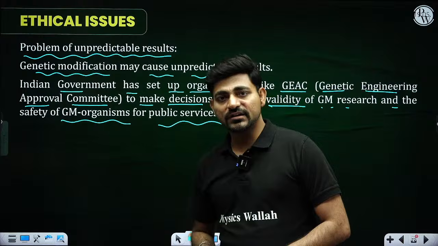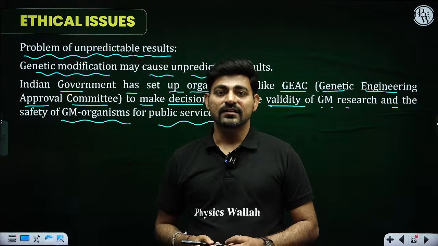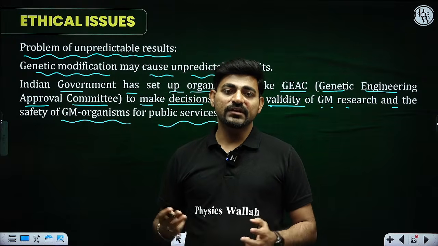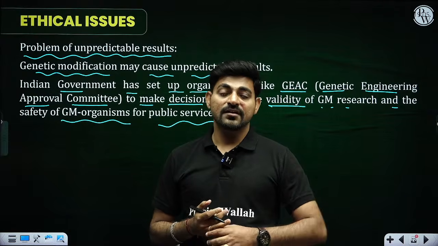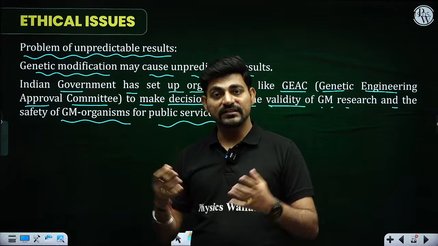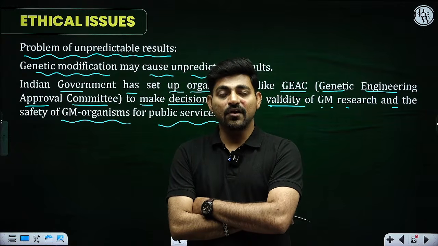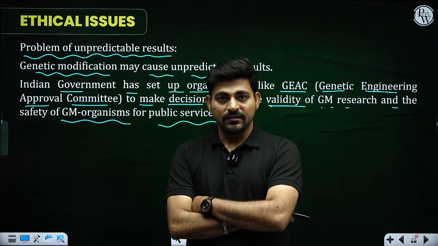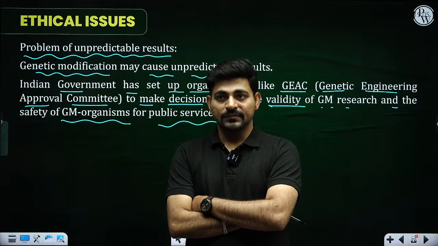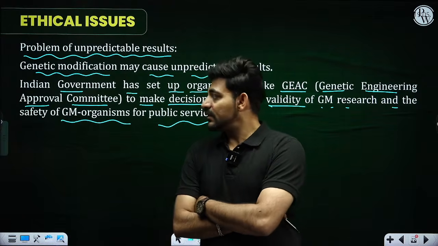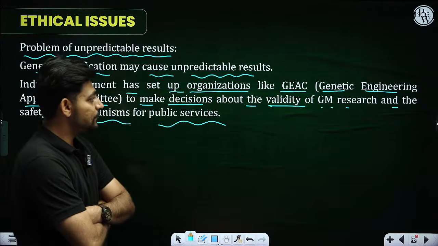Suppose tomorrow you are coming with a superior variety of a crop, and you say that I have prepared a superior variety of rice which is rich in vitamin A, vitamin B, vitamin C, vitamin D, all the vitamins, and a lot of minerals, and you have produced that by following rDNA technology. Now first your thesis or research will be sent to GEAC.